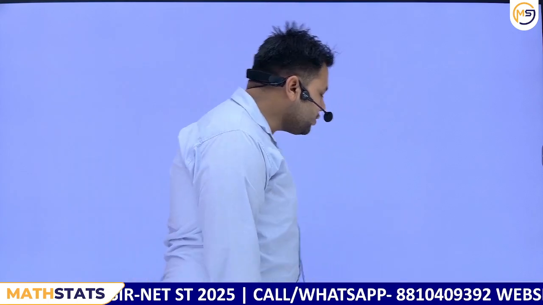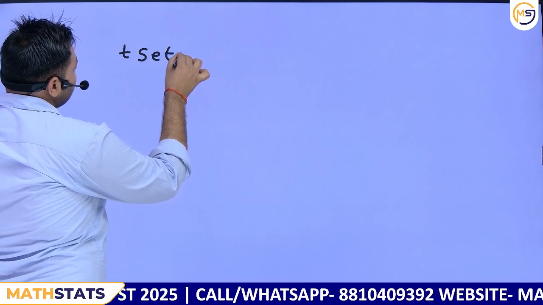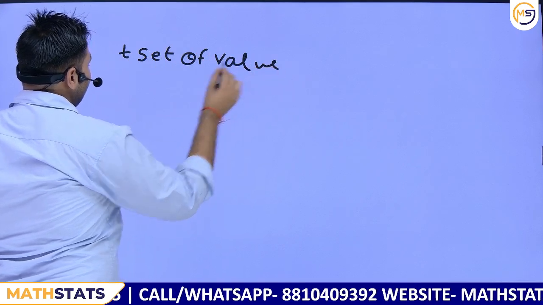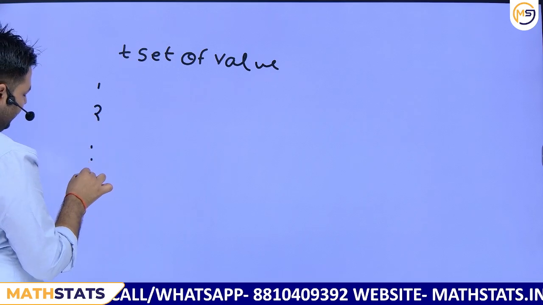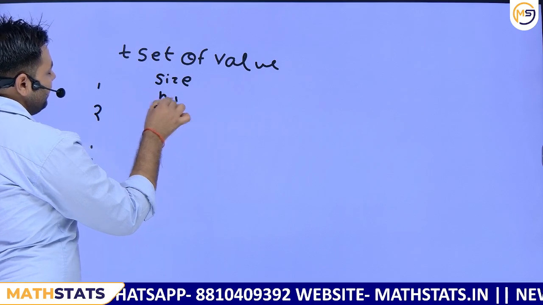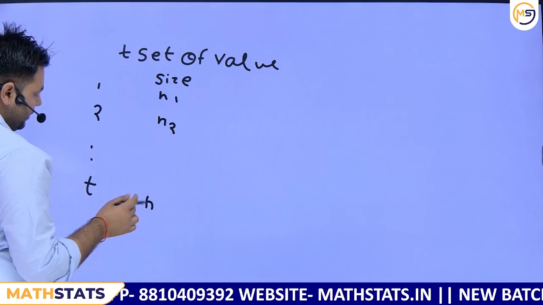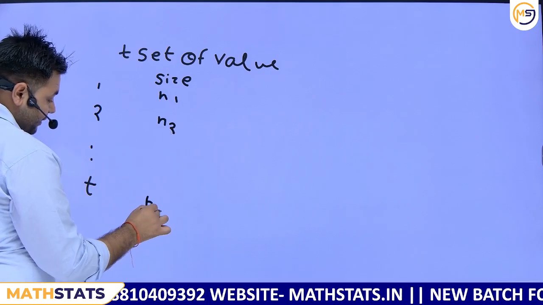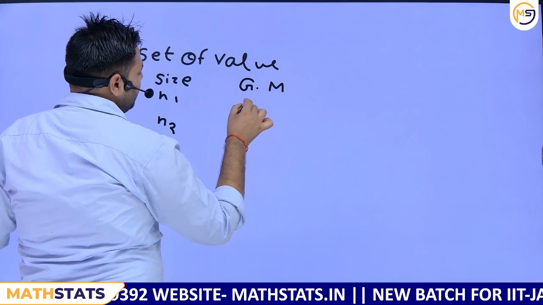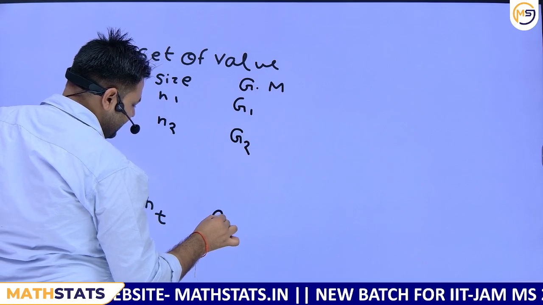Now suppose we have t sets of values, with serial numbers 1, 2, up to t. The size of the first is n1, of the second n2, of the third n3, and the size of the last is nt, with respective geometric means g1, g2, and so on up to gt.